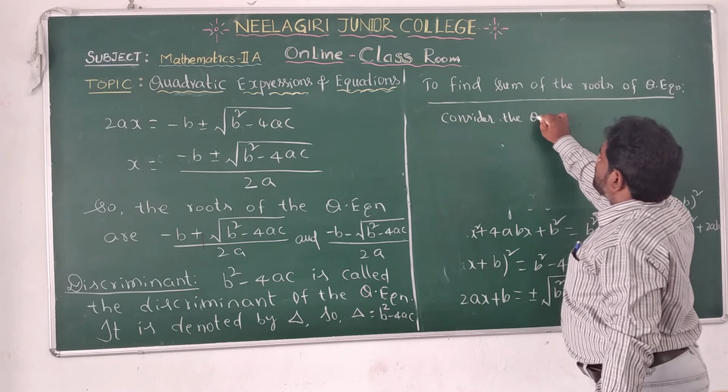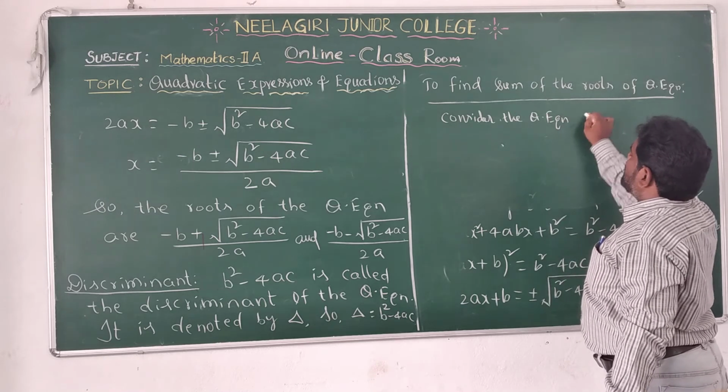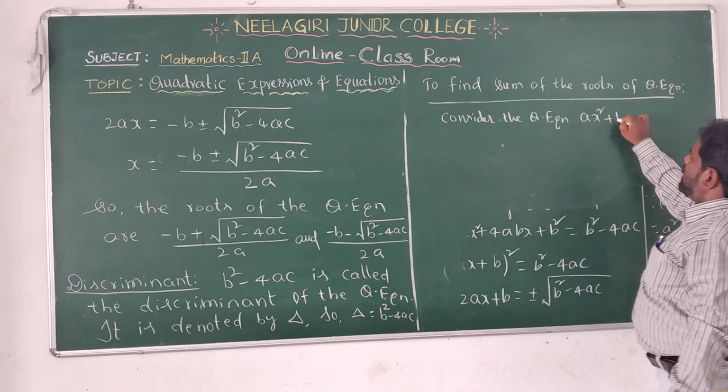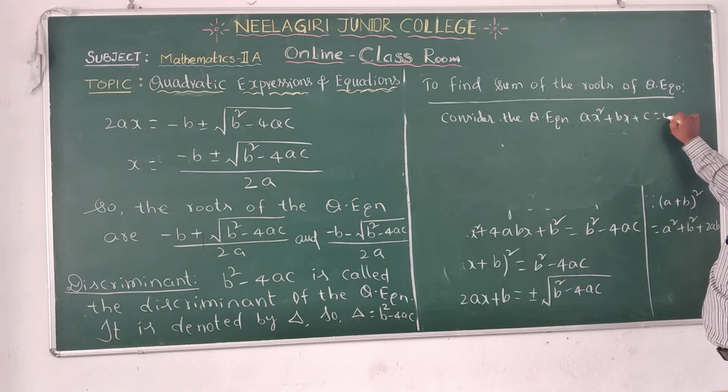Consider the quadratic equation ax square plus bx plus c equals 0.